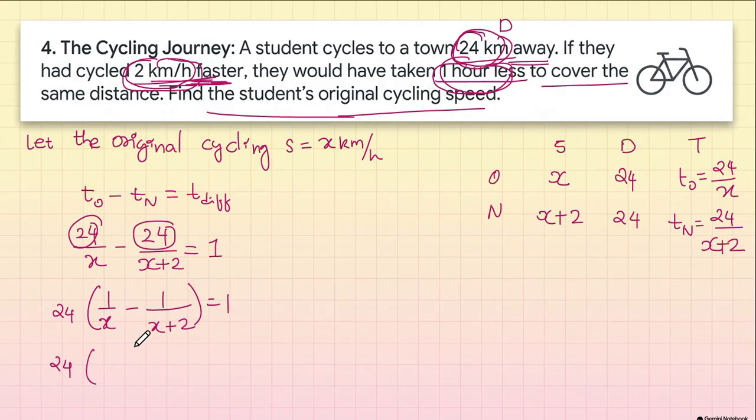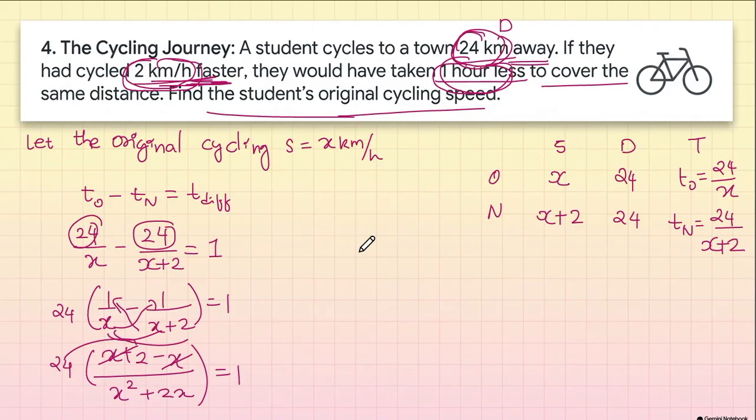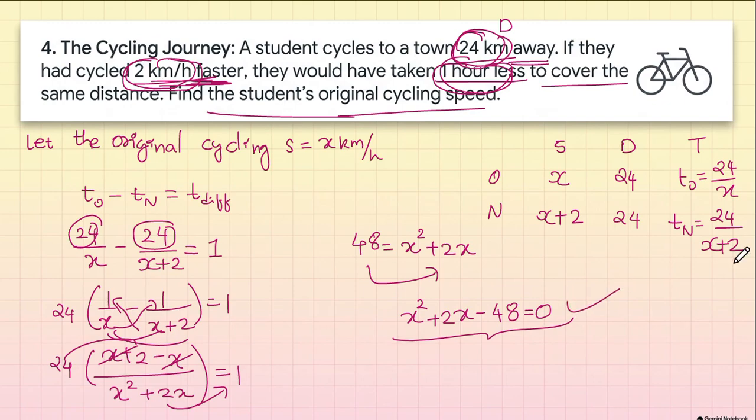So 24 times, inside the bracket, x plus 2 into 1, which is x plus 2, minus x into 1, which is x, upon x into x plus 2, which is x square plus 2x, is equal to 1. In the numerator, x minus x gets cancelled. 24 into 2 is 48, and multiplying x square plus 2x with 1 gives x square plus 2x. Take 48 to this side, so we get x square plus 2x minus 48 is equal to 0. So this is our required quadratic equation.